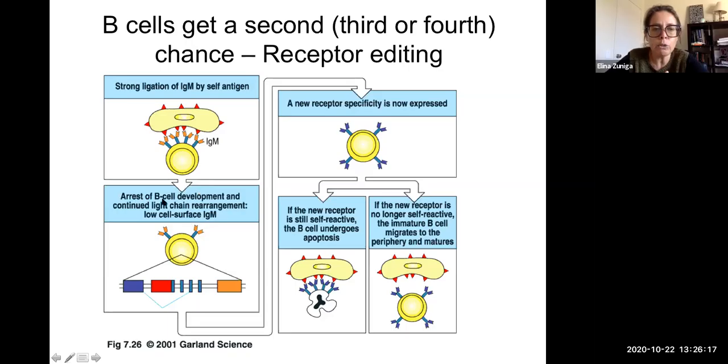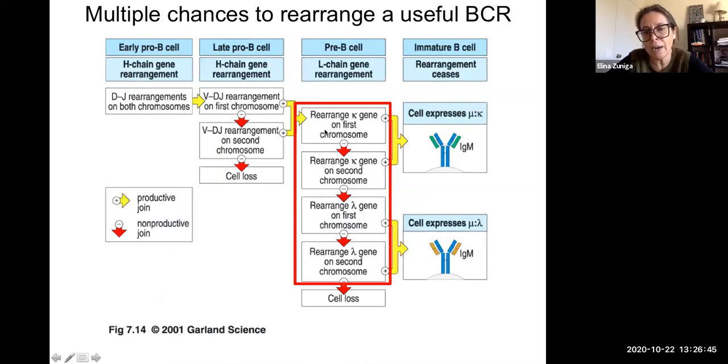That will induce an arrest of B cell development and will allow these immature B cells to continue, so there will be a upregulation of the RAG genes again, and they will continue the light chain rearrangement. Let's say that it rearranged a kappa in the first chromosome, and that leads to a self-reactive BCR.